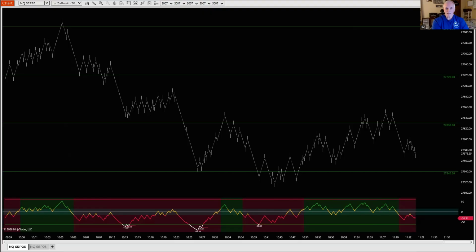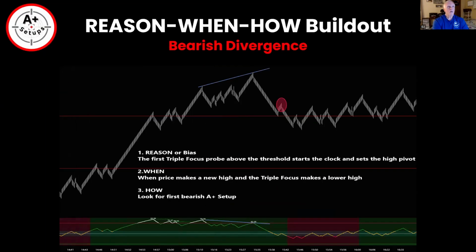It tells you when to look for a setup the minute you get the second criteria met, depending on if you're bullish or bearish. The second part of the criteria for the bearish is the higher prices, lower triple focus. That's the win. And then the how is just one of our categorized pullbacks.